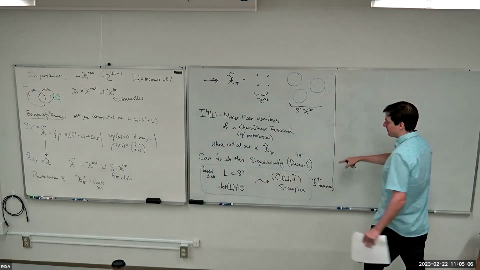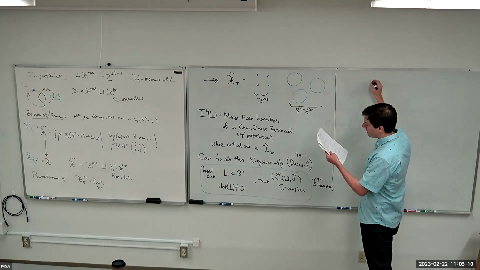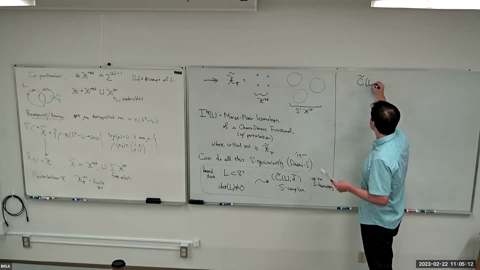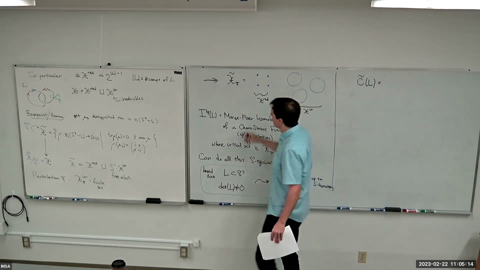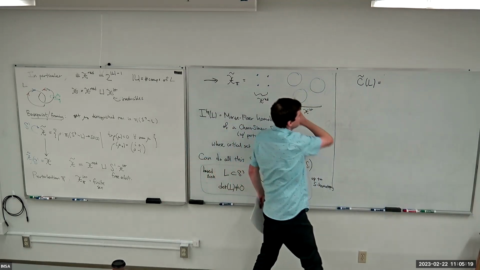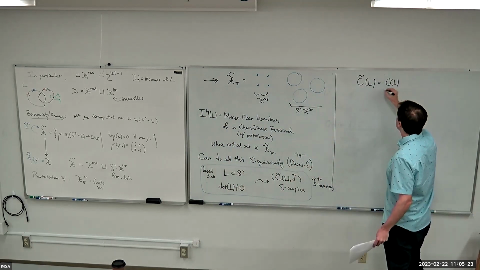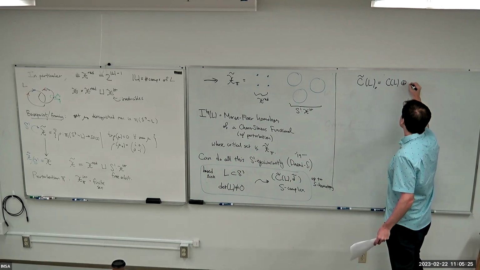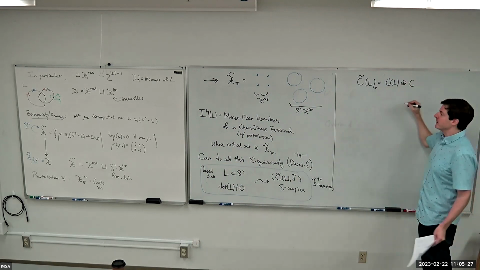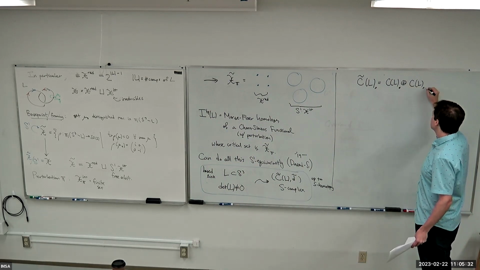So let me tell you a bit about what an S complex is. You should just have in mind this picture the whole time, because it's really just up at the chain level. It's a chain complex, but it has some extra structure which has to do with the circle action.